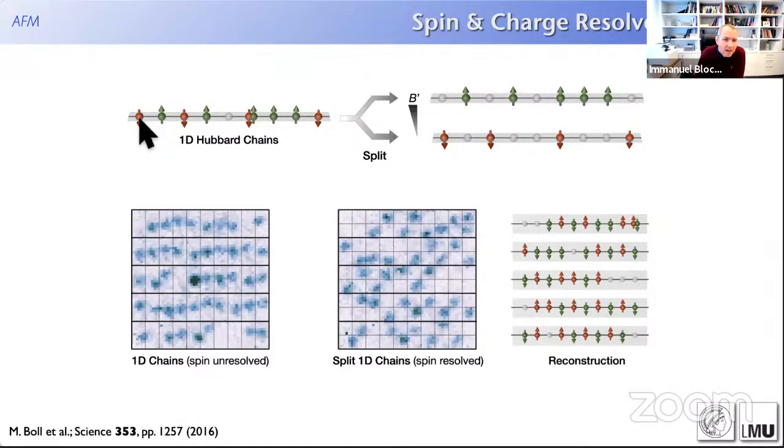This is done by introducing a lattice potential which has half the wavelength, half the period of the original lattice. So you can basically split each lattice site into two lattice sites. So it's like out of a single well, you make a double well. Out of a single lattice site, you make a double well lattice site.